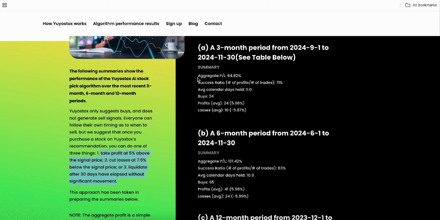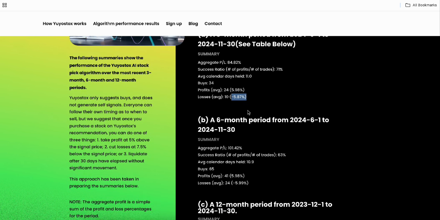In the last 3 months, they show that the aggregate return is 84%. They have a success ratio of 71%. They won 24 trades and lost 10 trades. Their loss is around 5-6%, because they're trying to win 5% on each trade, but they cut off their trades at about minus 5.8%.